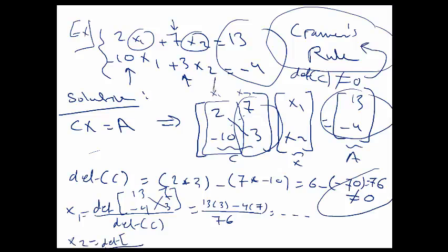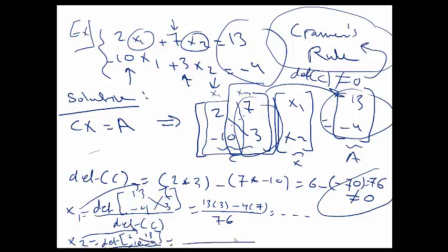The x1 column is still the same, 2 and minus 10, and the other column is replaced by the solution, 13 and minus 4, because we want to find x2, over the determinant of C. You can find the determinant 2 times minus 4 minus 13 times minus 10, over 76, and so on.